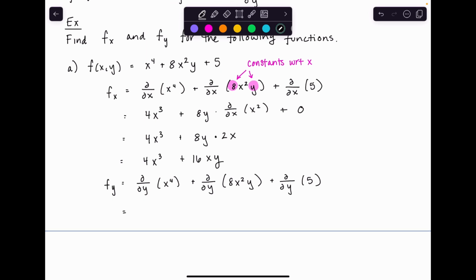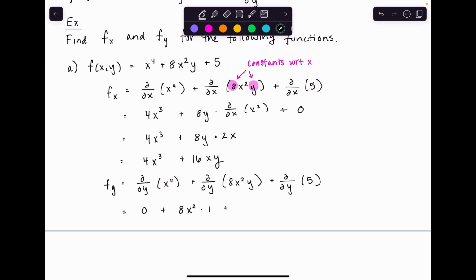And for the first one, if I'm differentiating x to the fourth with respect to y, x to the fourth is just a constant. So that one is 0. For the second piece, if I'm differentiating y, its derivative is 1. So I'm just getting the constant attached to it. So you get 8x squared.